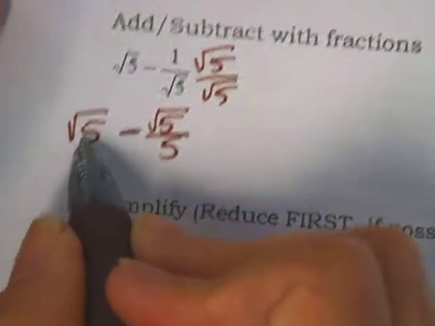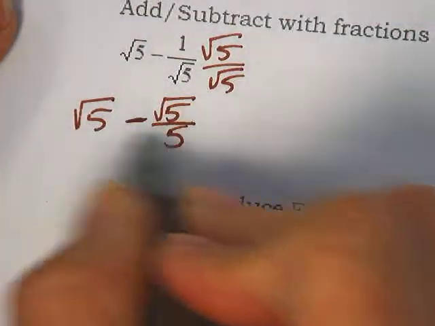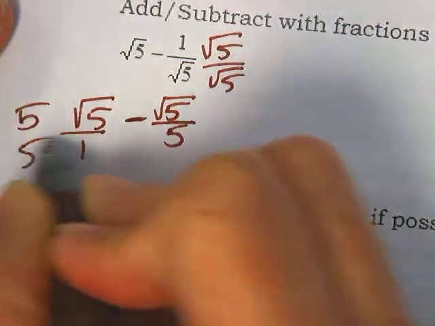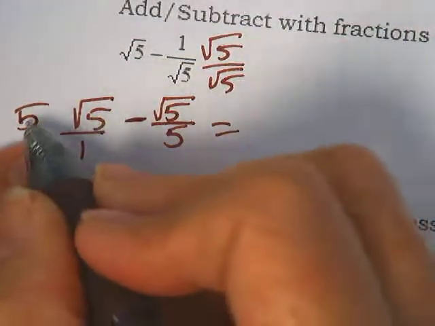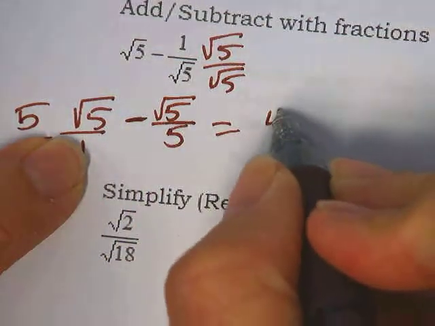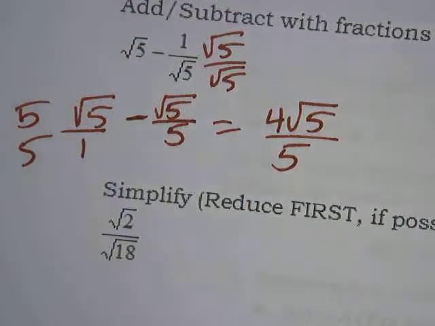If I want to combine them, I have to make sure I have the same denominator. So I'd have to multiply this by 5 over 5. So I have 5 square root of 5 minus the square root of 5 gives me 4 times the square root of 5 over 5.